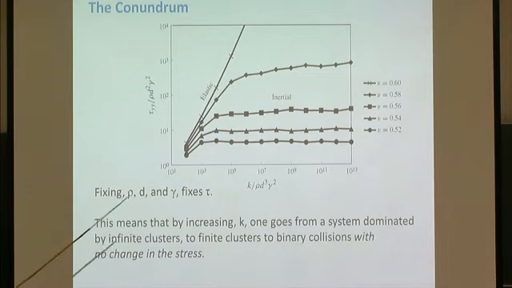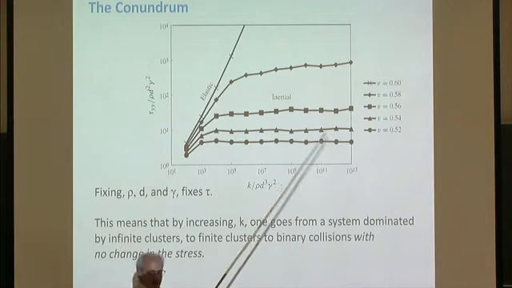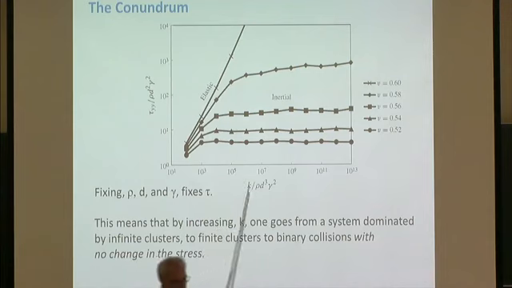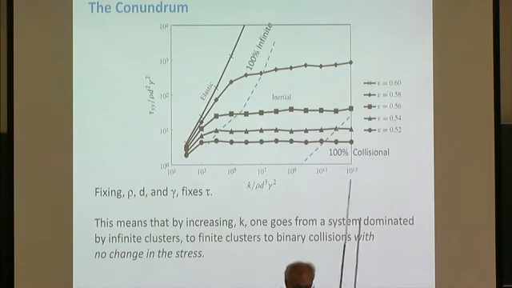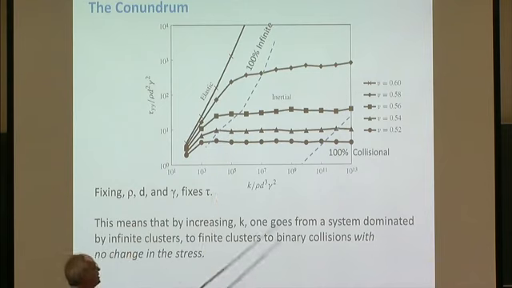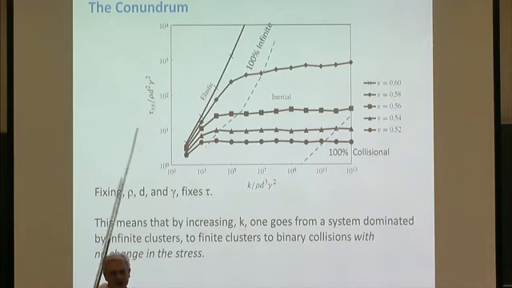Then presumably, I could go in there with my dial-up stiffness matrix and change the stiffness of the particles, go from one end to the other. I go from systems that are dominated by 100% infinite clusters to ones that are 100% collisional, change the entire microstructure, and the stresses don't change at all.